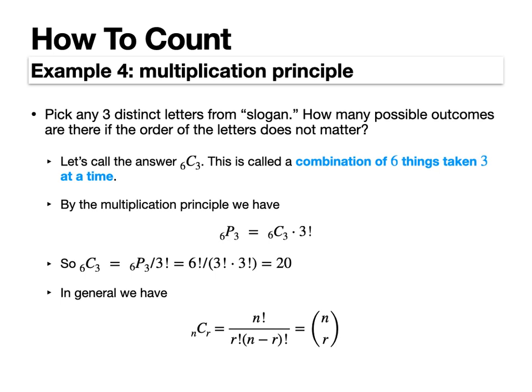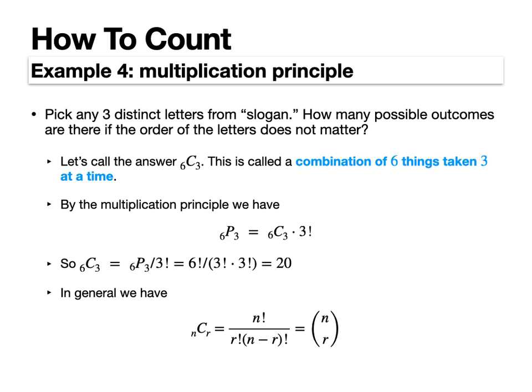So the number of permutations of 6 things taken 3 at a time has to be the number of combinations of 6 things taken 3 at a time times the number of ways of ordering those 3 things. That's 3 factorial. So you can solve that for 6 choose 3, and you get 6 choose 3 is 6P3 divided by 3 factorial, or 20.